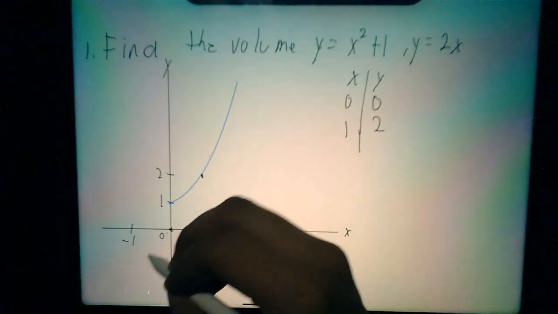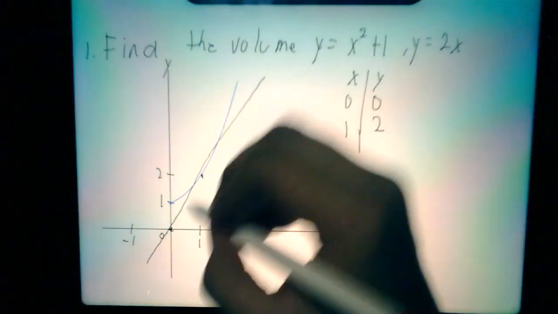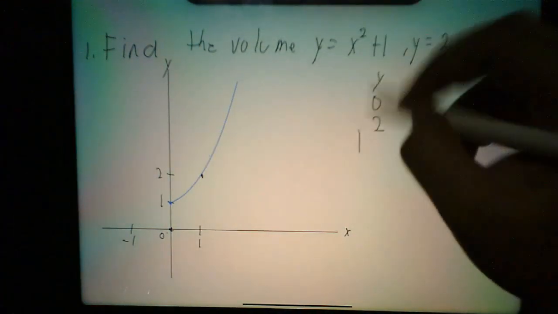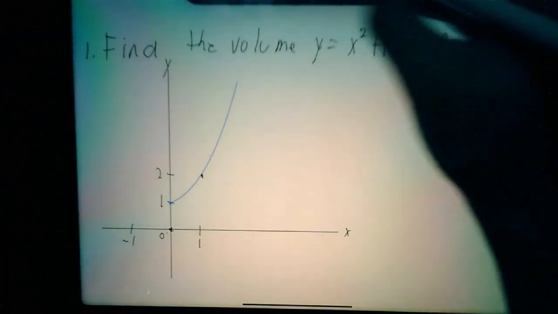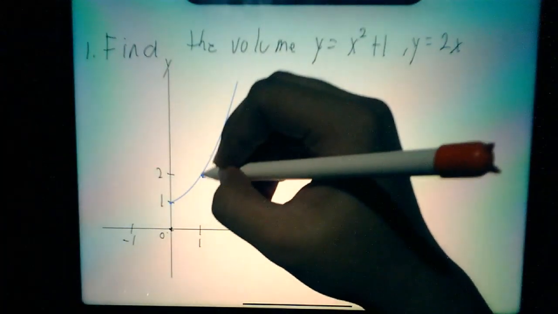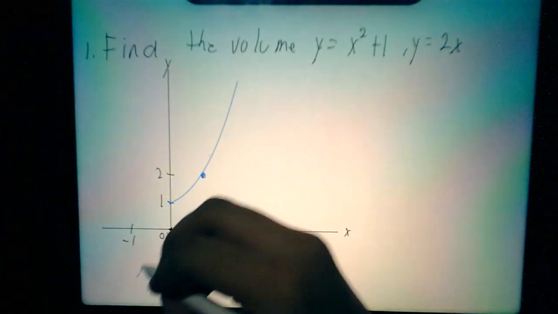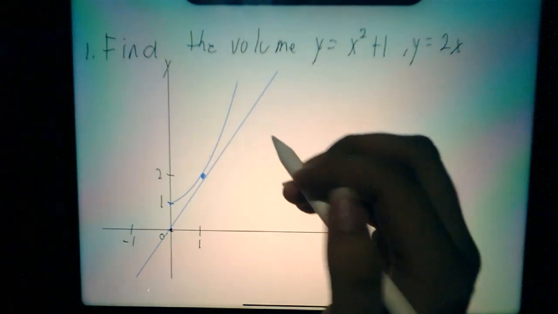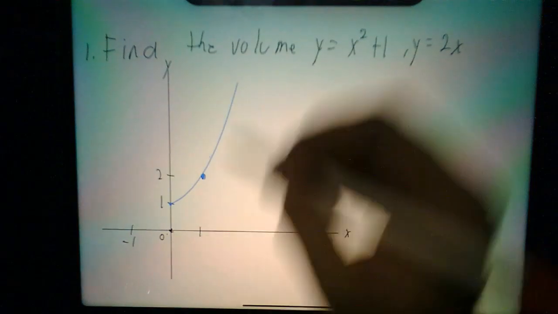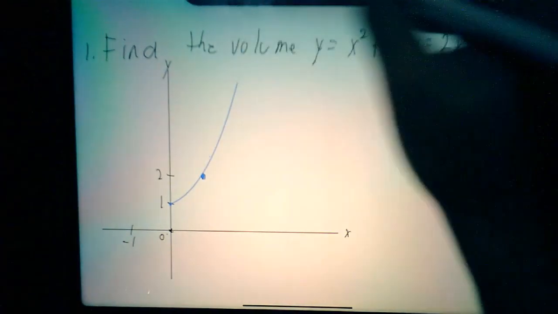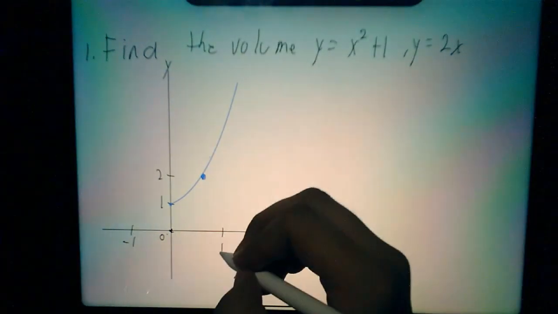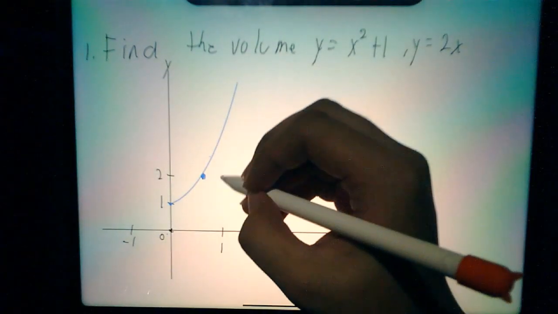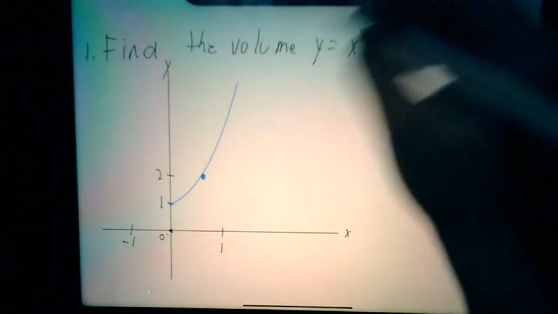So by putting this line, let's make it bigger. Let's put 1 here, and 2. This is our 2.